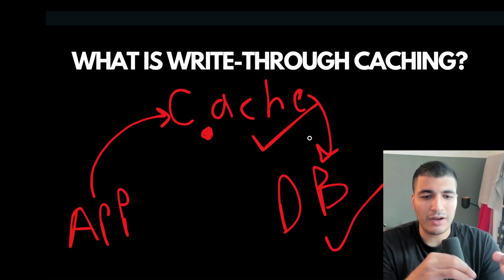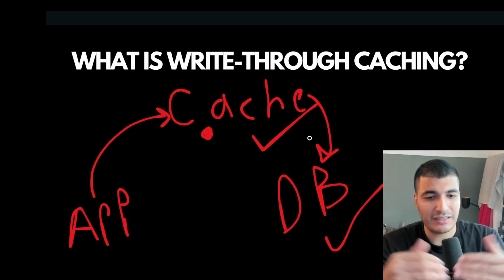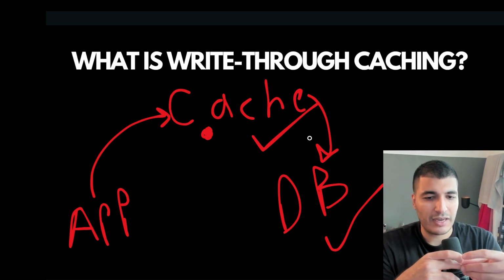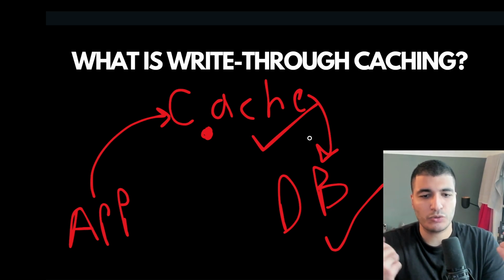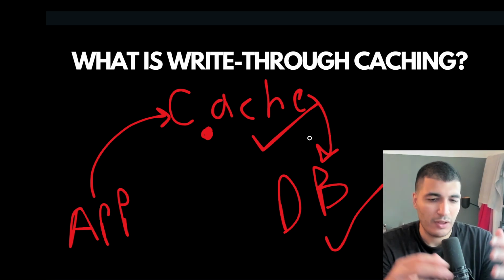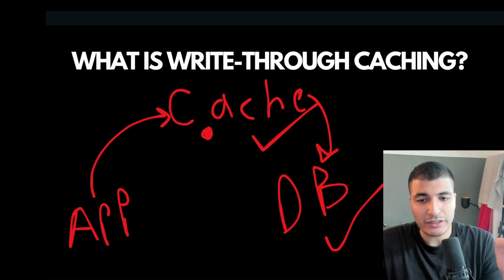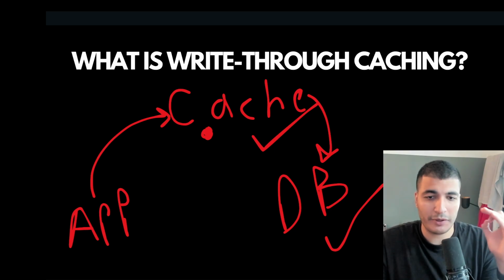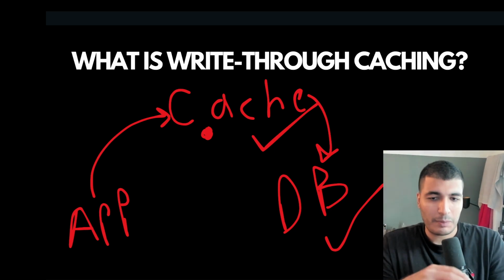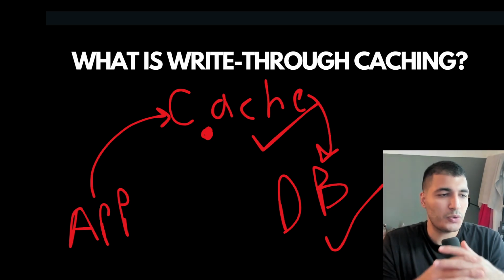So again, only after the write has been successfully committed to both the cache and the database does the cache confirm to the application that the write operation completed successfully. The defining characteristic here is that the cache and the database are updated in a single atomic blocking operation from the application's perspective. Data is written through the cache to the database.